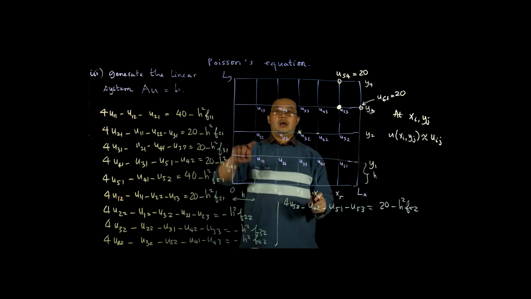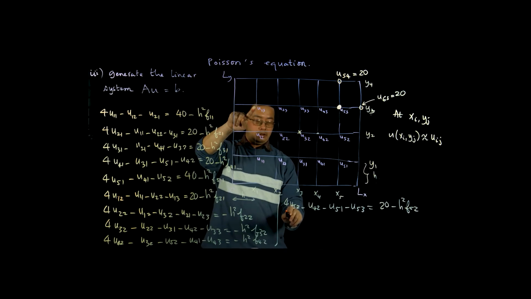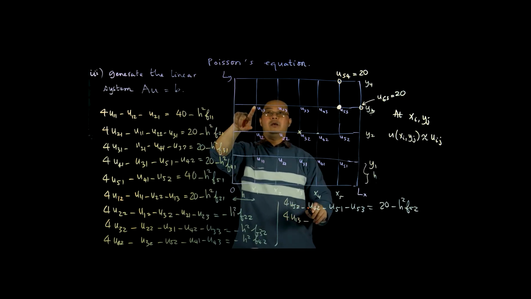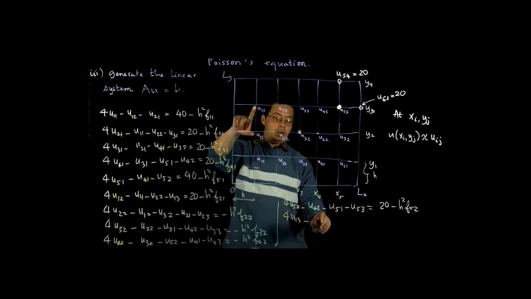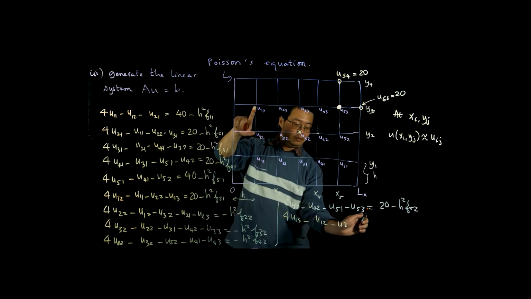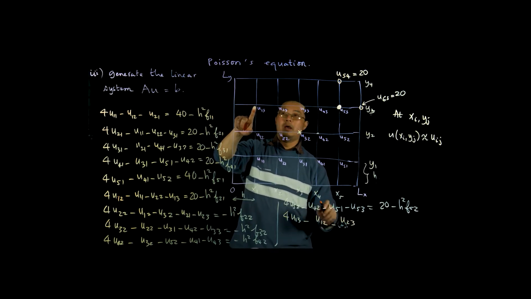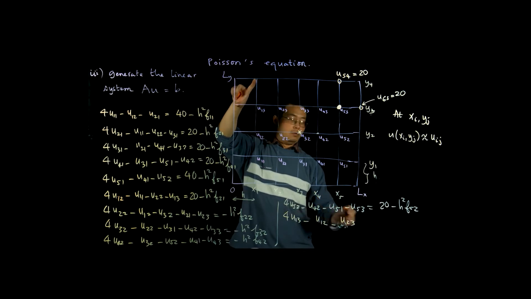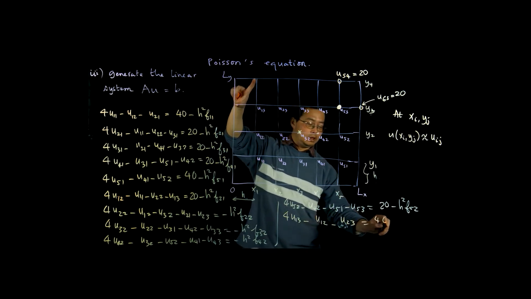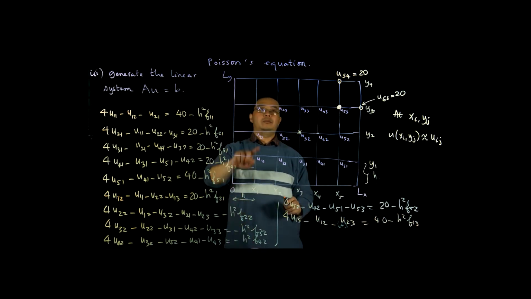And then after that, we have U13, so now you have U12, U23, and because those two values are known, it becomes 40 minus h squared f13.